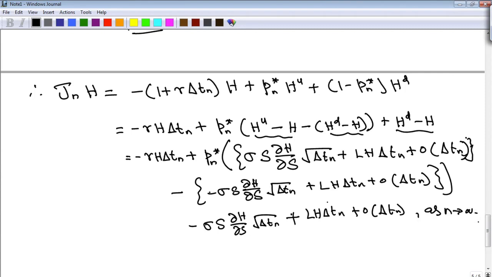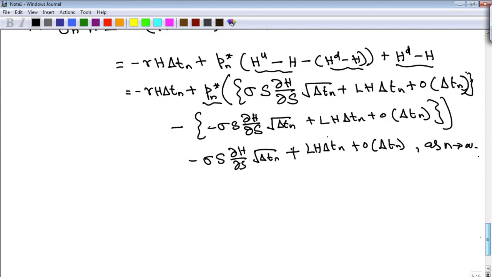So we also know what is the expression for Pn star. We have also derived that. So let us substitute that in this and then simplify.